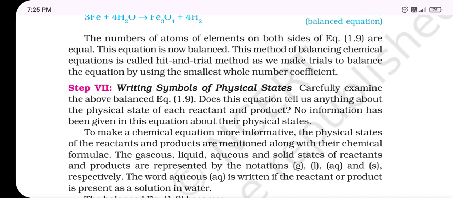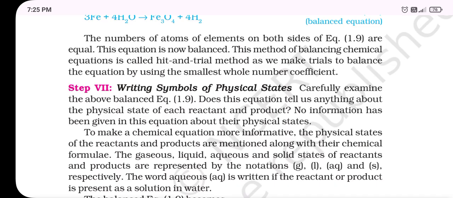So the name of that method for balancing the chemical equation is the hit and trial method, as we make trials to balance the equation by using the smallest whole number coefficients.